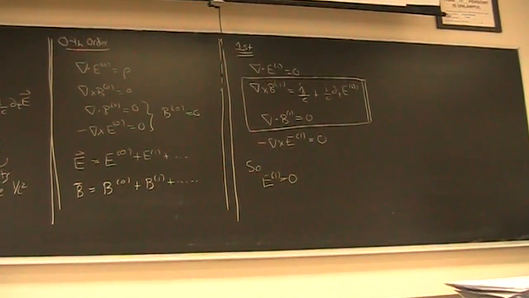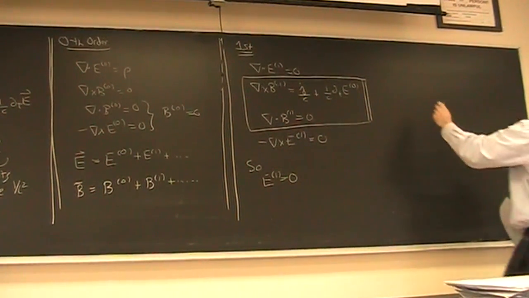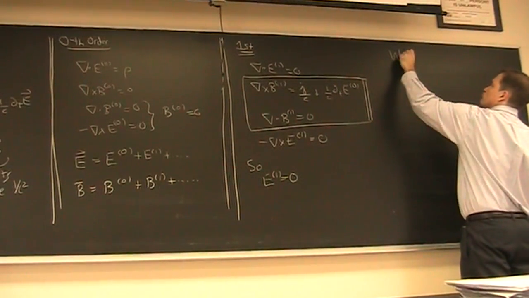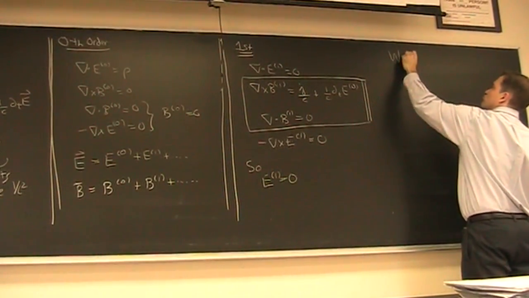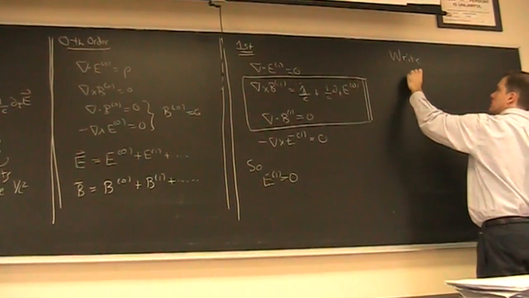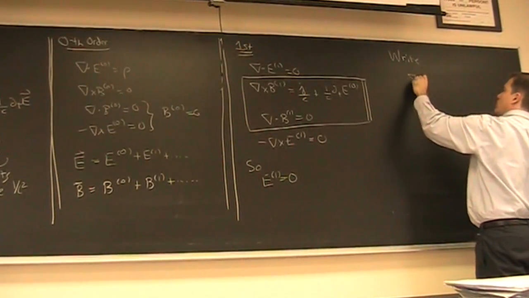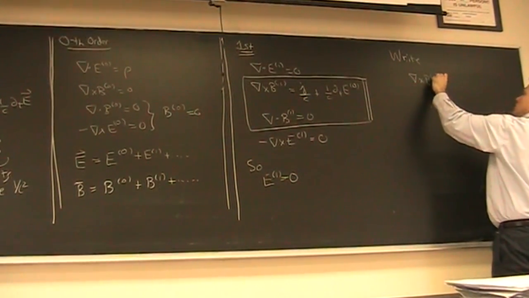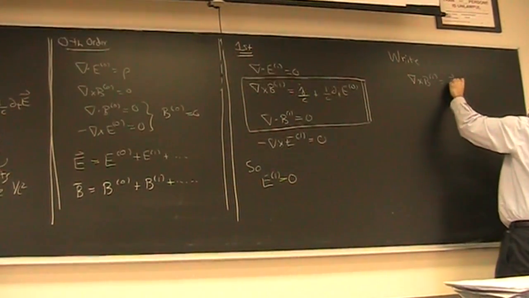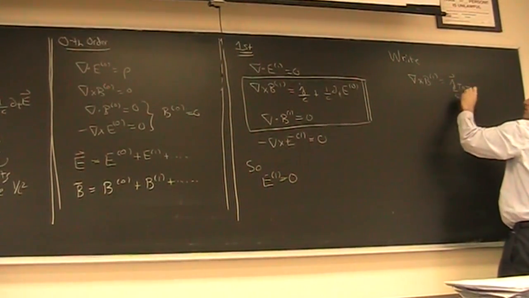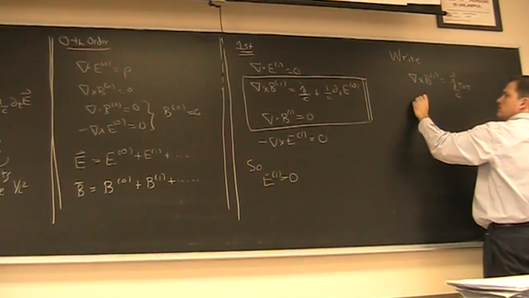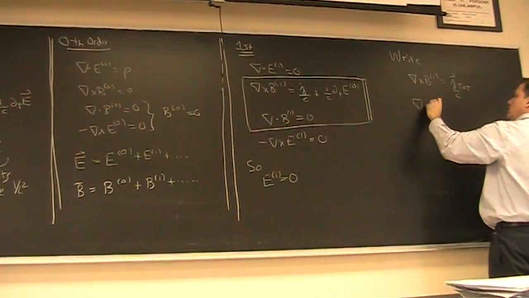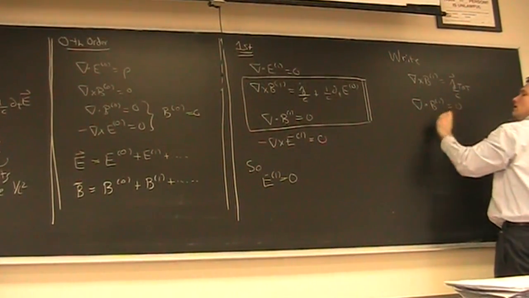So what do you get here? So we could write it, right, curl B1 is some current, which I'll write as J total, and divergence of B1 equals 0.